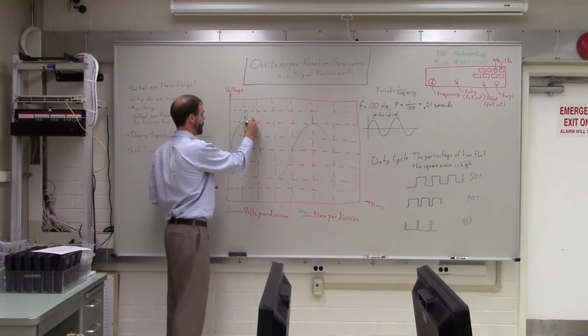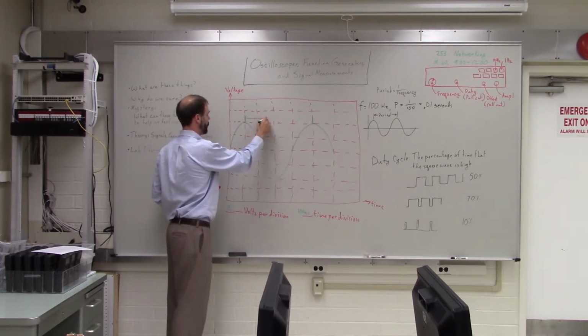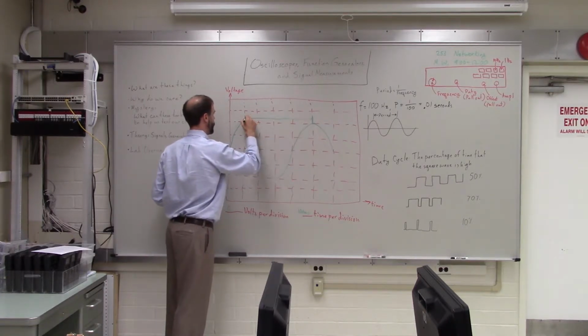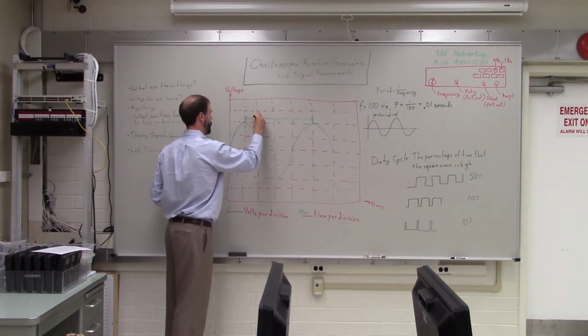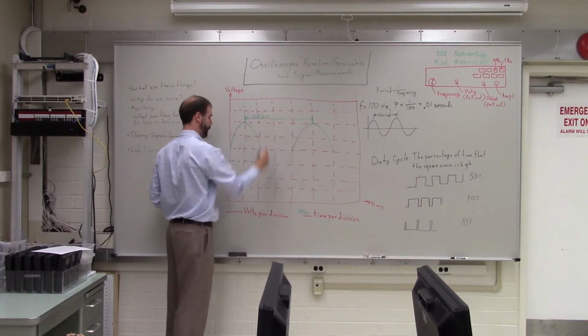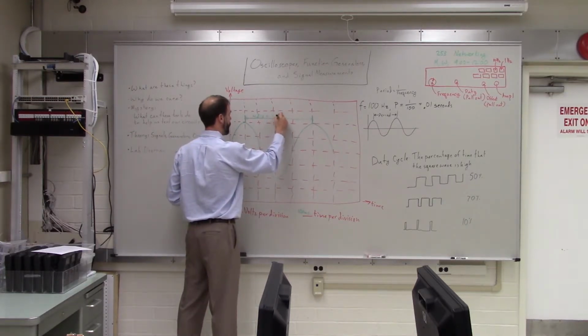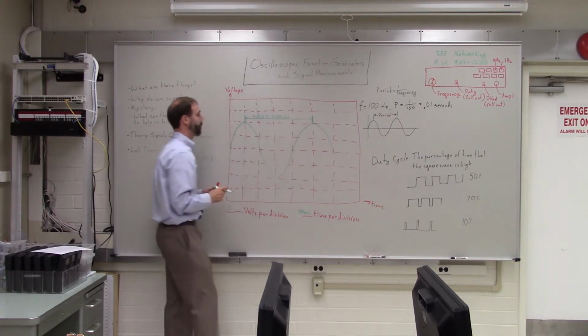So in this case, there's 1, 2, 3, 4 divisions. And so at 100 milliseconds each, that is 400 milliseconds for the period.